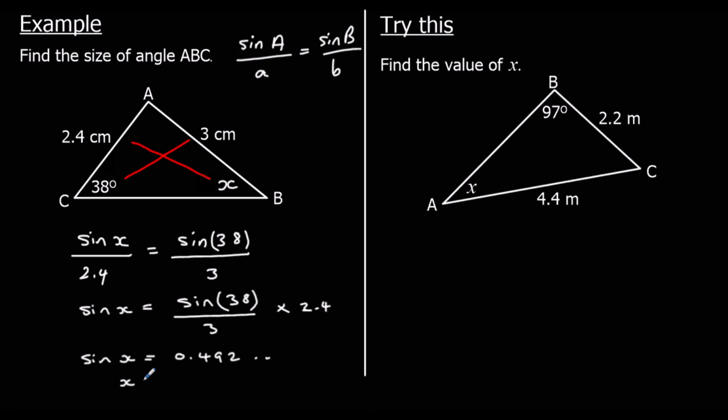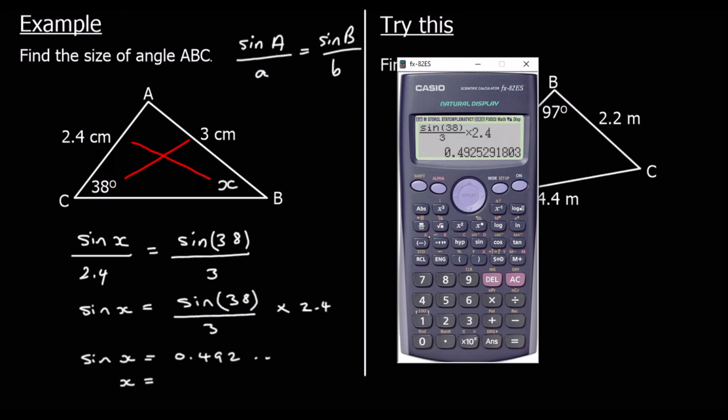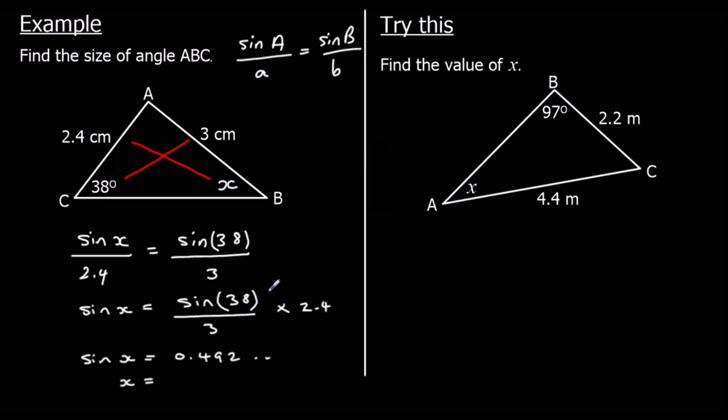We want x. To get sine away from x, we're going to shift sine. So shift sine, the answer, which gets us 29.51 degrees to 2 decimal places.